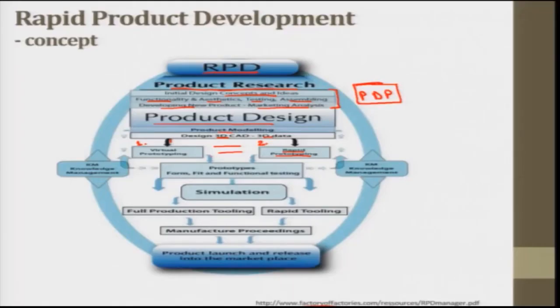Now virtual prototyping or rapid prototyping or both lead to the prototypes, that is, we get form, fit and functional testing, which I just said happens in laboratory conditions or controlled conditions.